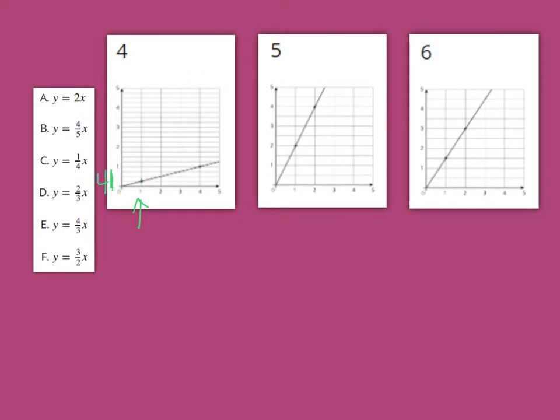In this case, there happens to be 4, and K is on the first of those, so K is equal to 1/4. Therefore, my equation is Y equals 1/4 X. Now we've got that 4, of course, is equal to C.